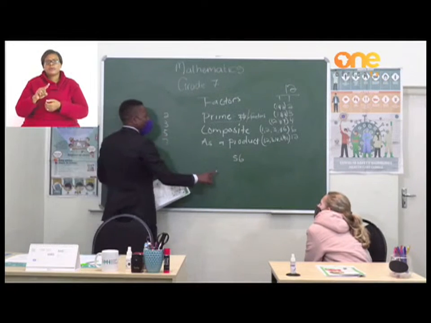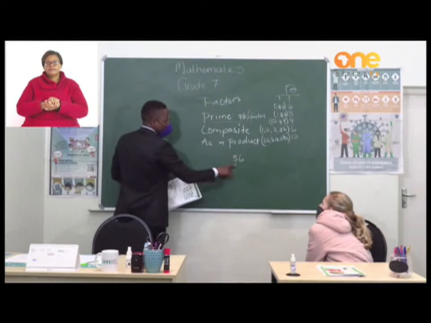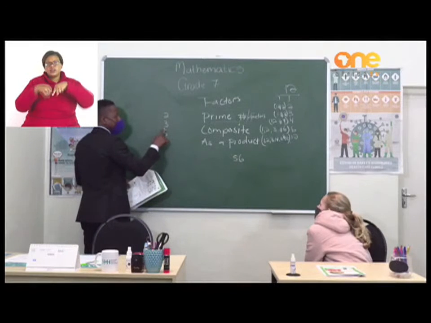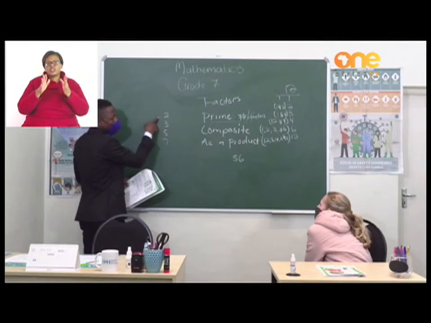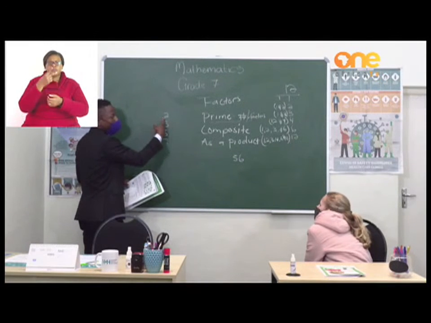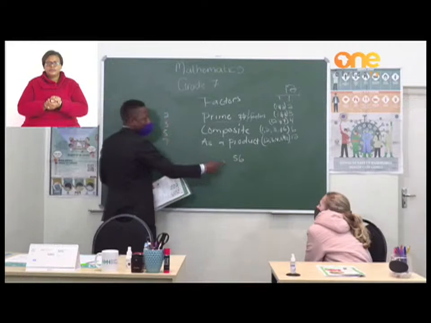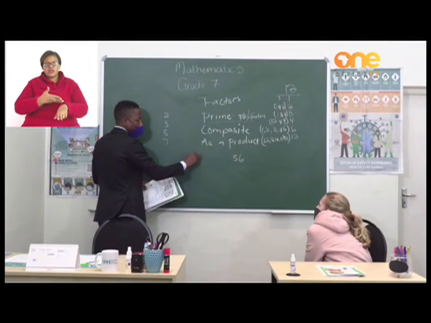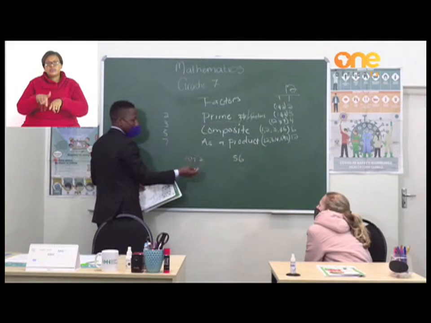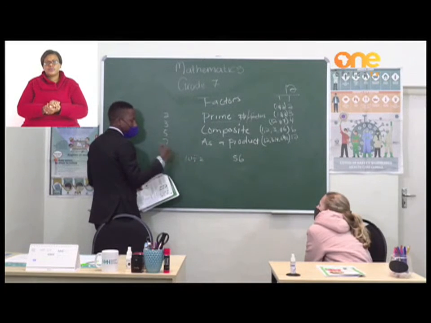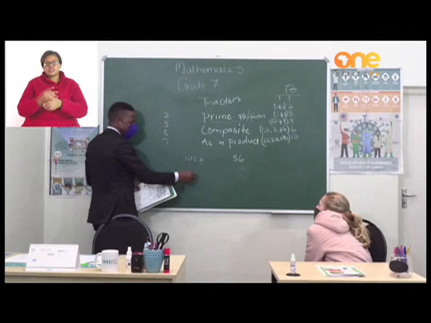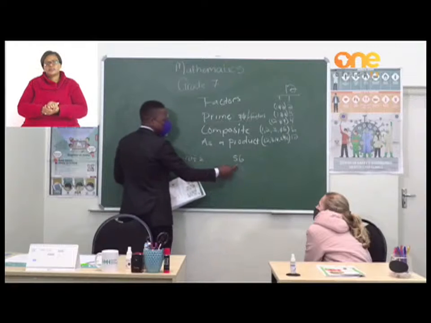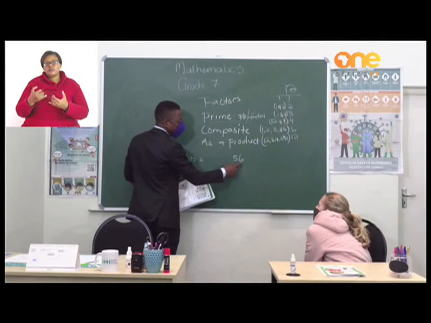But when it comes to factorizing, we start with the lowest possible prime factor, which is 2. When you divide by 2, you are halving. Just an example, 10 divided by 2 gives you 5. It's the same as saying half of 10 is 5.